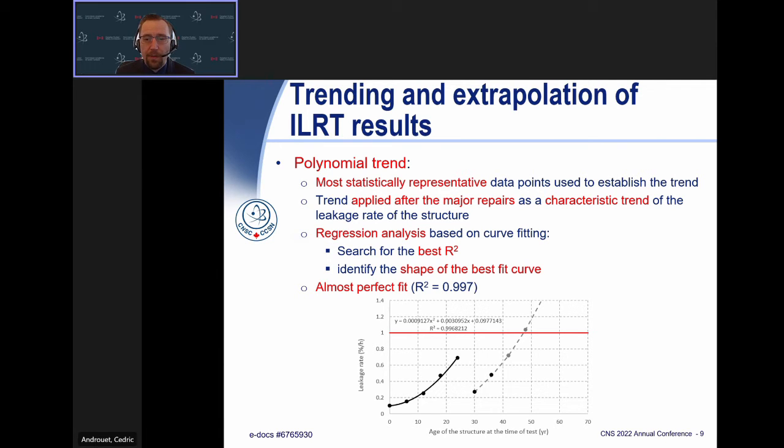So, following the observation of the data points, it appears that a polynomial trend may fit the data points better than any other type of trend. The proposed curve actually fits almost perfectly with the input data, with an R-square very close to 1. So in this case, the model provides an adequate fit to the data, and as such, it may be considered characteristic of the trend of the leakage behavior of the concrete containment structure.